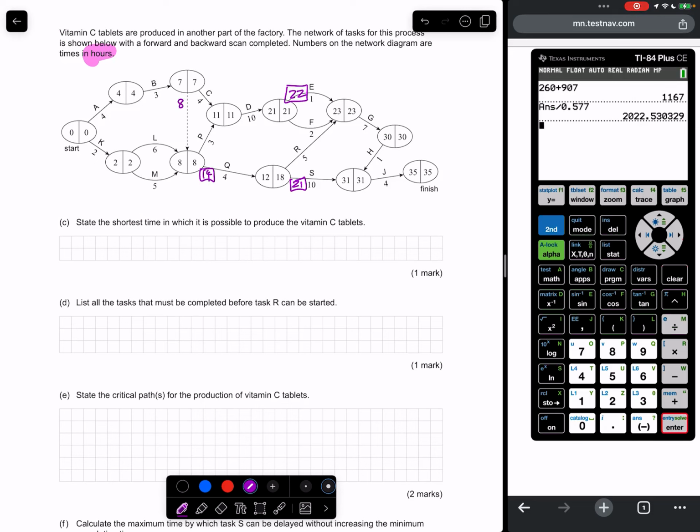H take nothing. H take 5, 3. 4 take 4, 0. 2 take 2, 0. We've got multiple critical paths here. What's the shortest time possible to produce the vitamin C tablets? 35 hours.